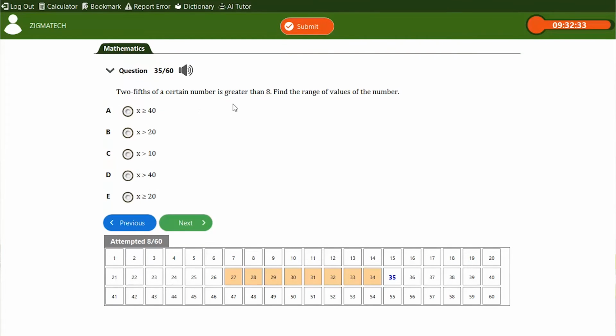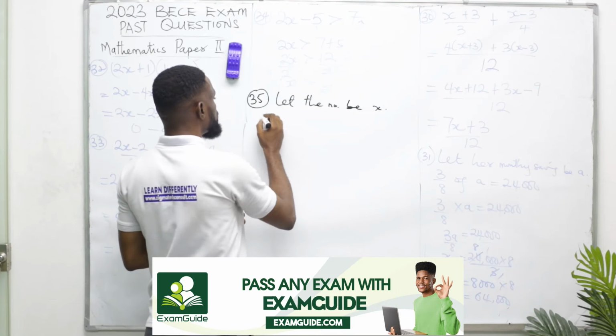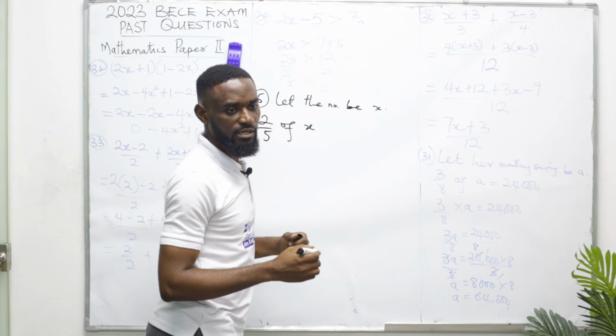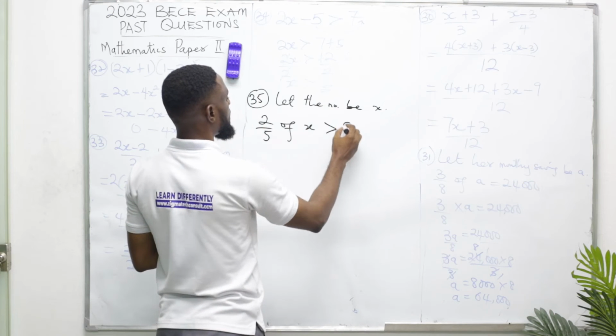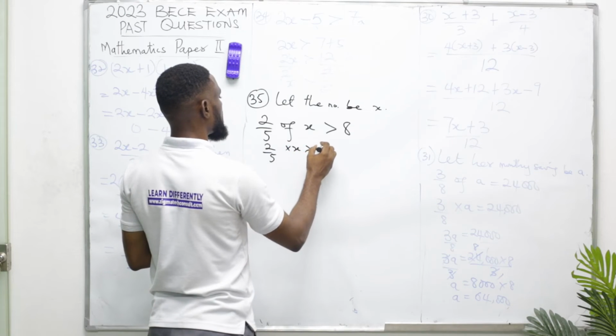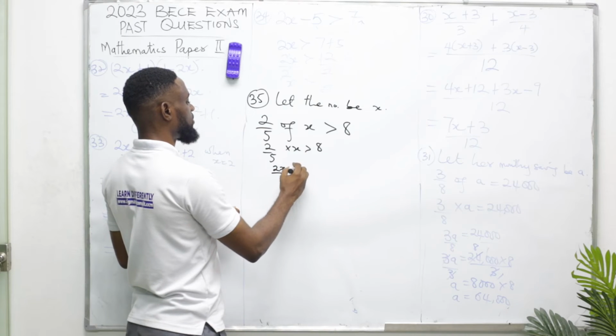35. 2/5 of a certain number is greater than 8. Find the range of the number. We don't know the number, so let the number be, let's say, x. The question says 2/5 of x is greater than 8. So this is 2 over 5 times x is greater than 8, so 2x over 5 is greater than 8.